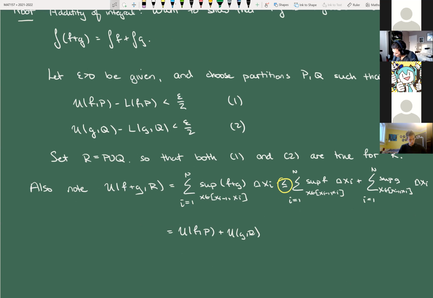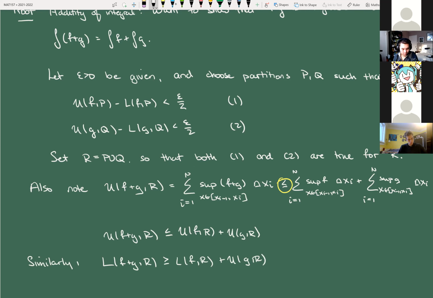So in total, let me write this with this here, just so we can see it in its totality. That is the identity we have. And then if we do the other side, L of F plus G is greater than or equal to, sorry, this should be R. And again, that's going to work out for us.